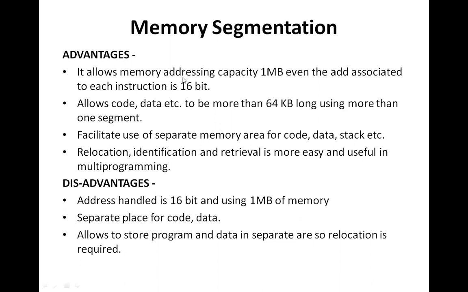So the first advantage is that it allows us to fetch a memory of 1 megabyte, even though the address associated with each instruction is only 16-bit. And that is what I have explained, that we are using two 16-bit addresses to generate a 20-bit address to fetch 1 megabyte of memory.